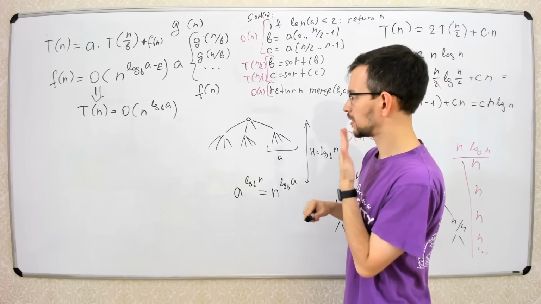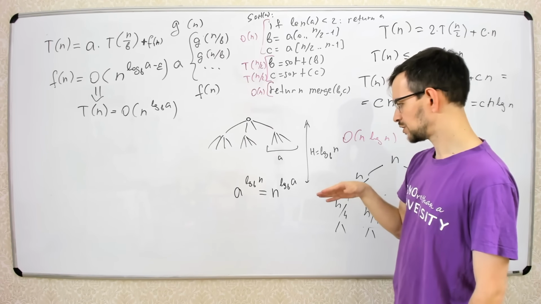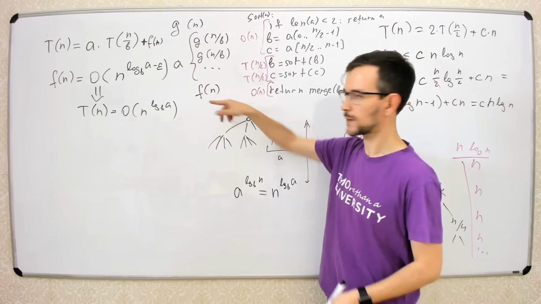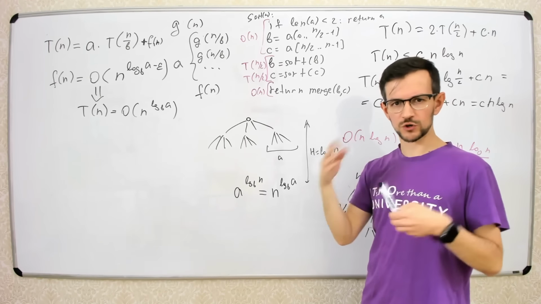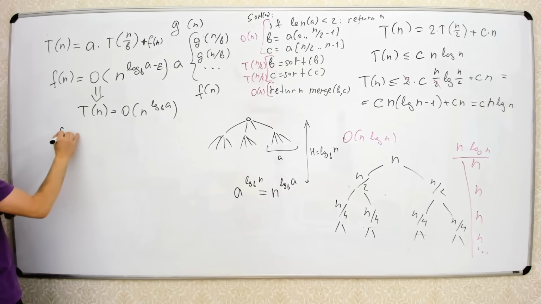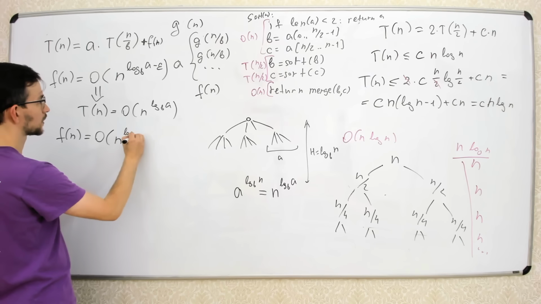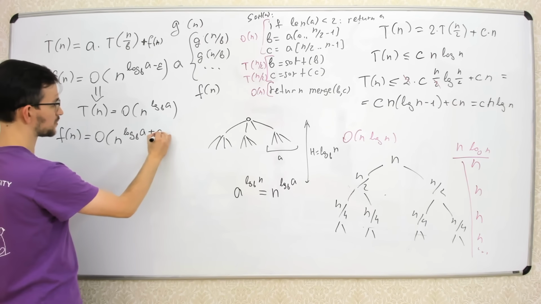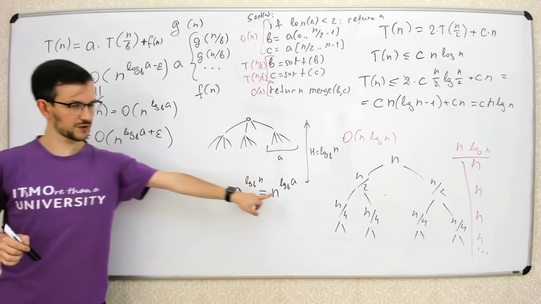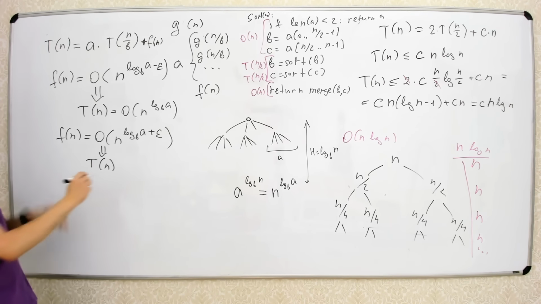Basically what happens then is that the number of recursive calls is much more than the total time you need to spend on this f function. So the most time your algorithm spends is just making these recursive calls. On the other hand, if f of n is big O of some bigger function, let's say n to the power of log base b of a plus epsilon, so if this function f is much more than this function, then the time complexity will be the same as function f.